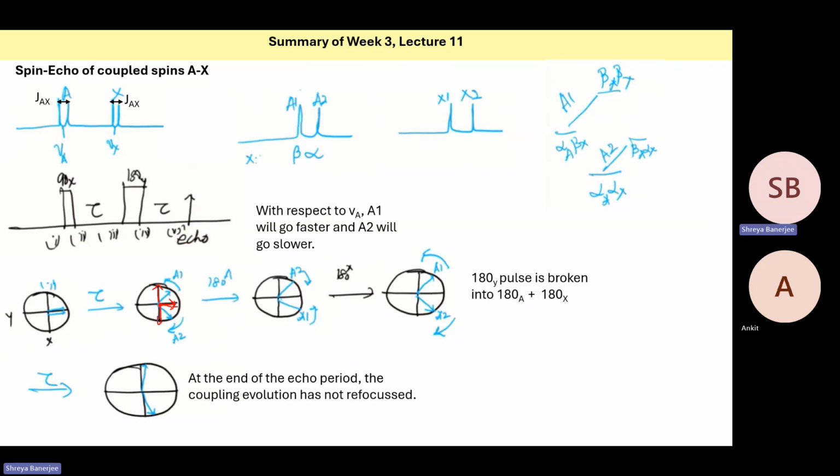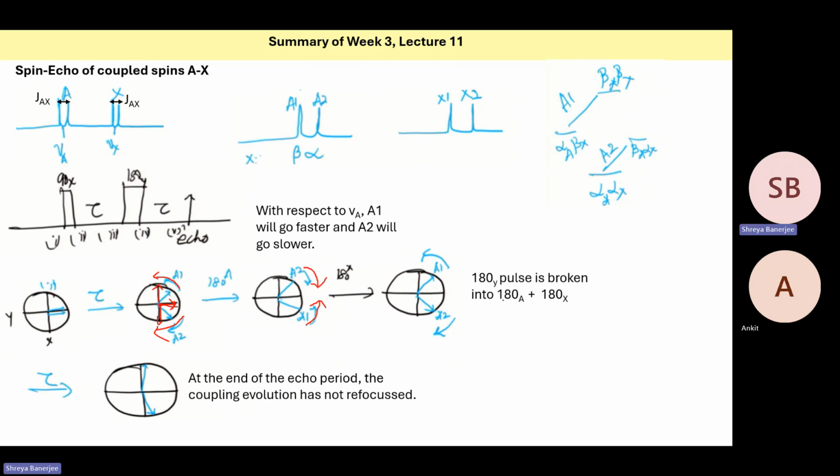If you flip the x component and keep the y component unchanged, then A1 and A2 will exchange. But you have to remember that the direction will not change. A1 was going in the anti-clockwise direction and is still going in the anti-clockwise direction. And A2 was going in the clockwise direction and will still be going in the clockwise direction.